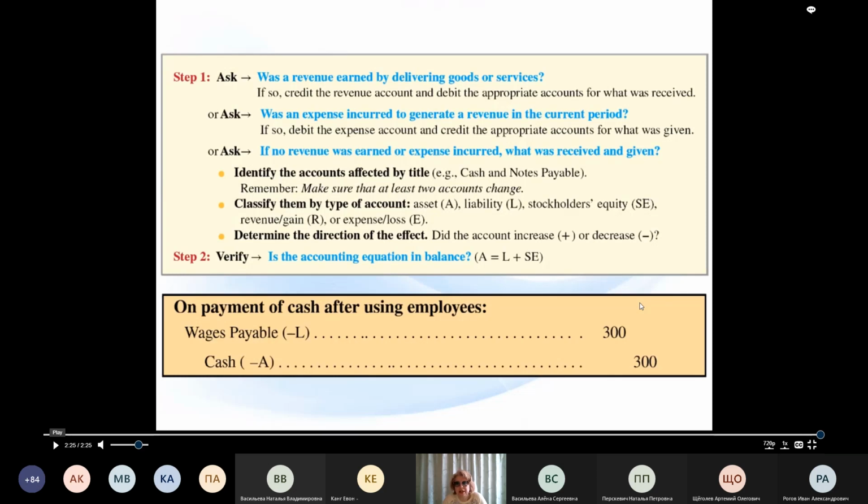First of all, if we apply the traditional transaction analysis, we should understand that we have the case of revenue or expense. In the case of wage, of course, it's an expense.